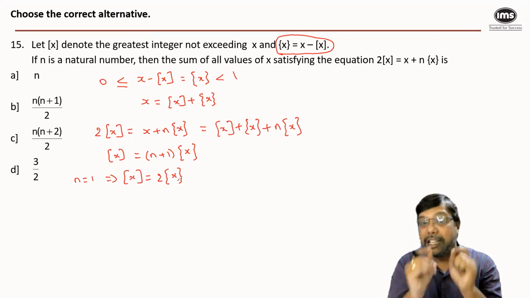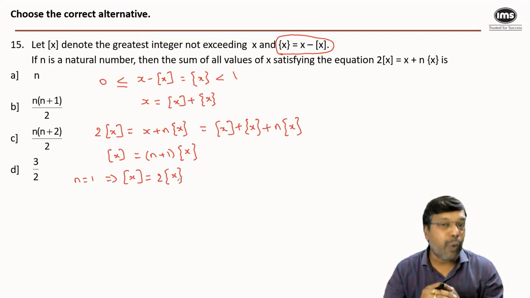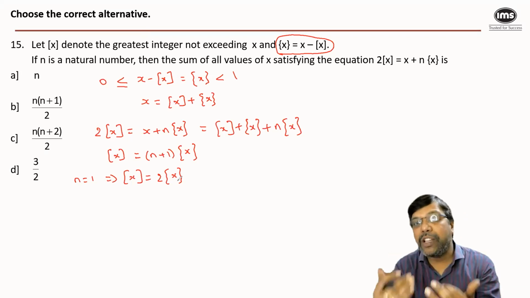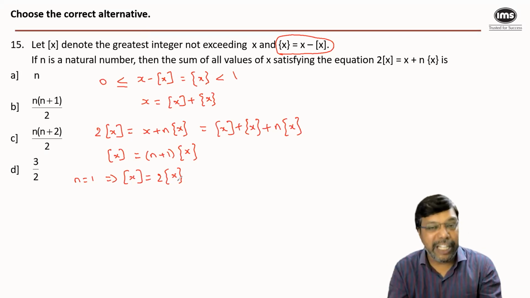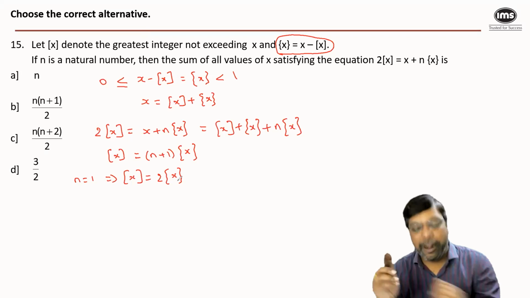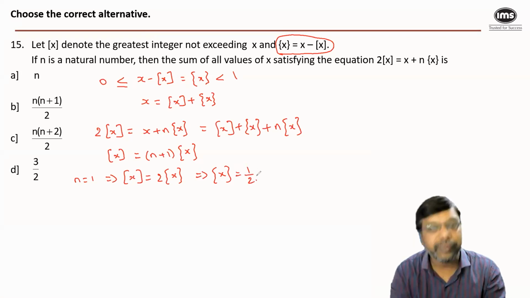And remember, the fractional x always lies between 0 to 1. Hence, the value between 0 to 1 that will make 2 into fractional x an integer is only 1 by 2. So from here, I determine that fractional x is equal to 1 by 2.